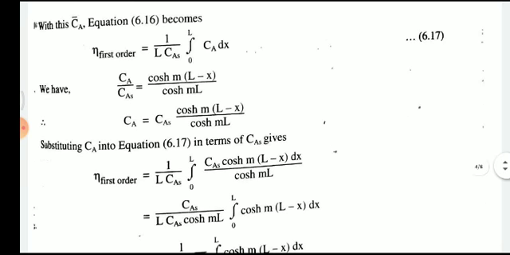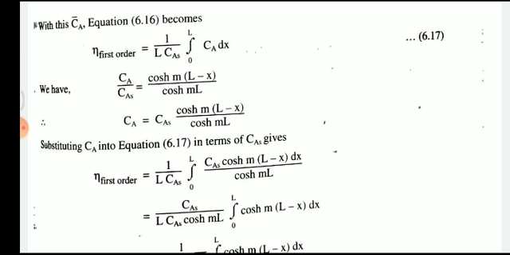So Ca is equal to Cas multiplied by cosh ML minus x over cosh ML. Now substituting the value of Ca into equation 6.17.